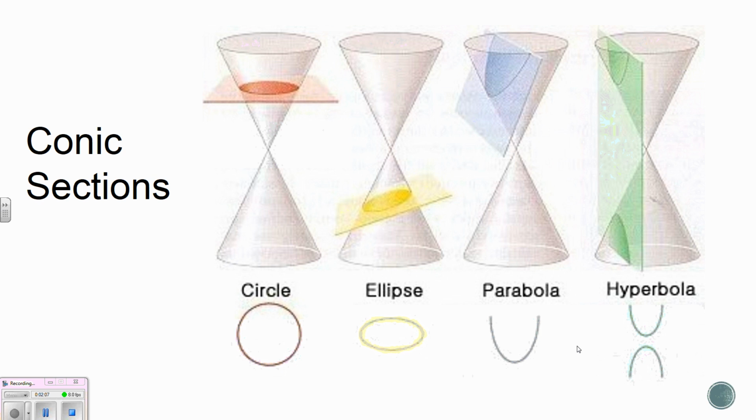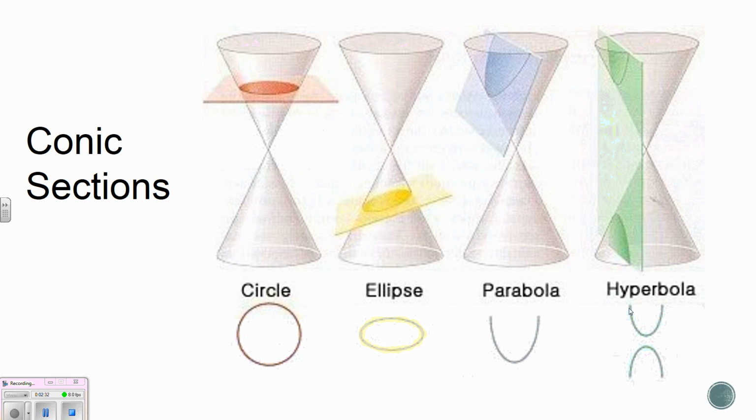Now, the most extreme case is if you were to take your plane and angle it in such a way that it actually intersects both cones. You might have been wondering why there are two cones when we only sliced through one of them. Well, if you slice through to intersect both cones, you would get the hyperbola.